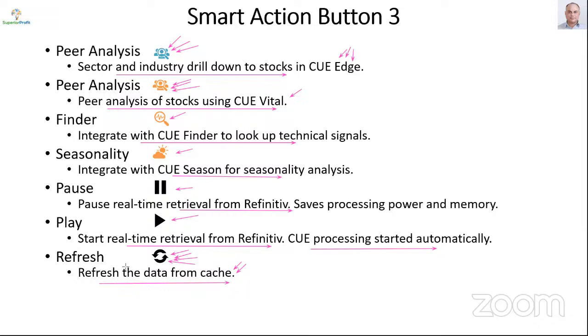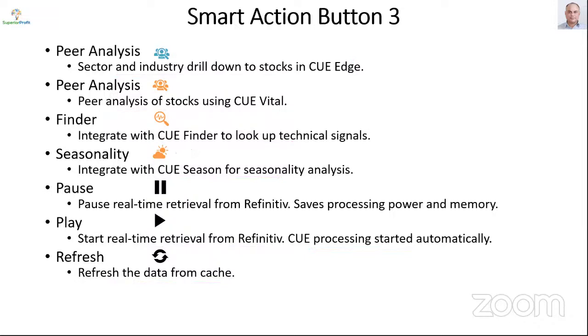The smart action buttons automatically refresh everything from cache, so that you always see the latest insight, and there is a date time stamp available on each tab that shows when it was last retrieved from cache to calculate that tab.